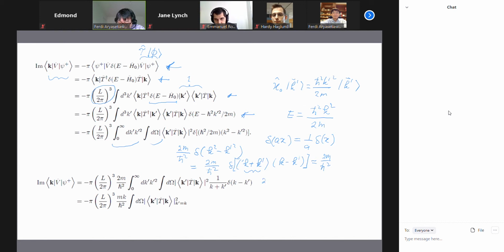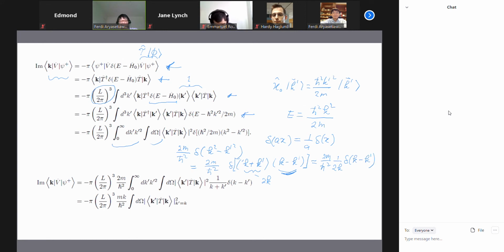The reason it becomes 2k is because we have this k minus k prime. So the delta function is 0 unless k is equal to k prime. So I can replace k prime with k. So I get 2k here. So then I have divided by 2k, k minus k prime, like this.